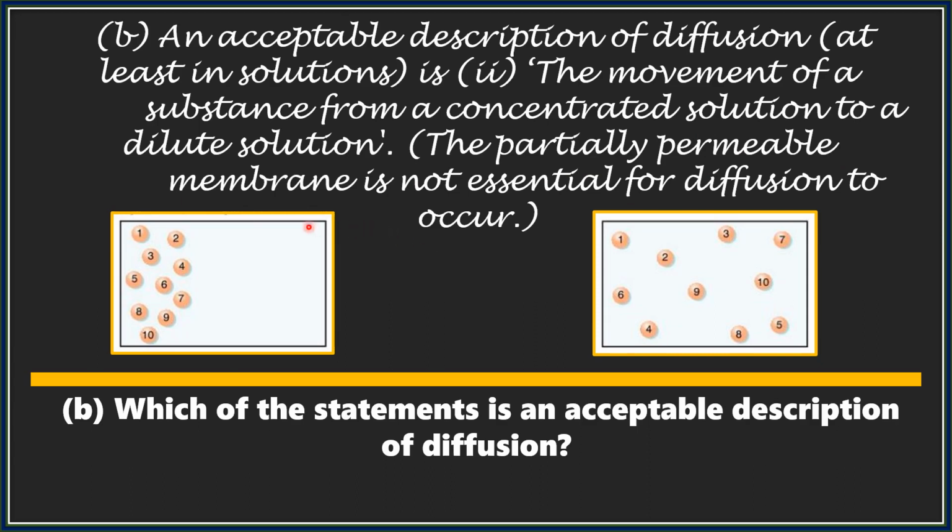For example, if you look at these particles here, these particles are highly concentrated this side and this side they are not there. So these particles will move from a region where they are highly concentrated to a region where their concentration is low, until they are evenly distributed throughout the solution. That is diffusion.